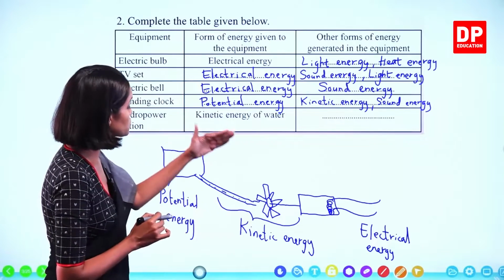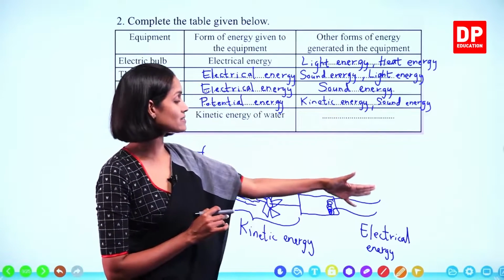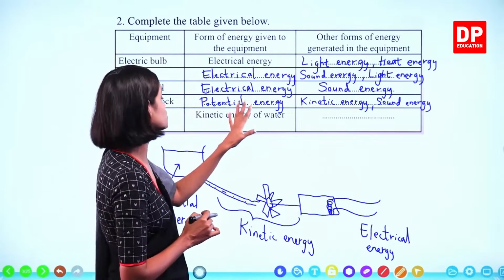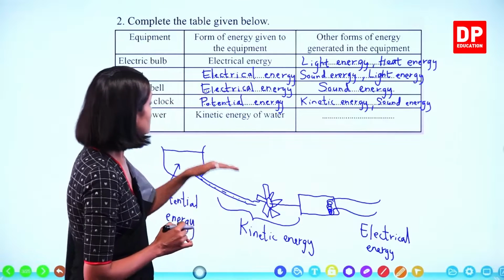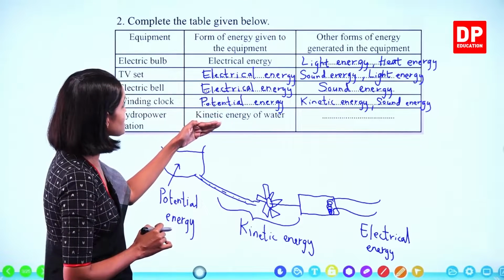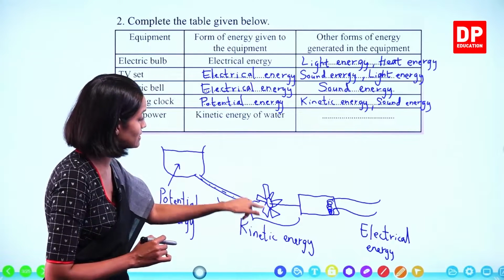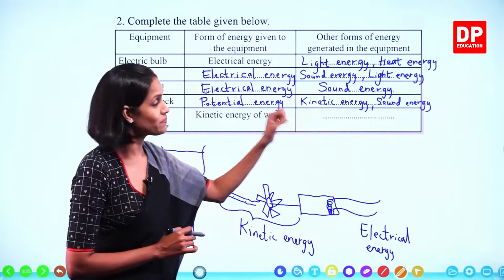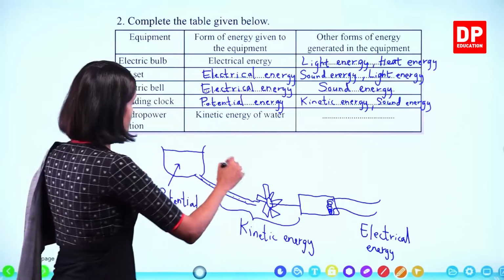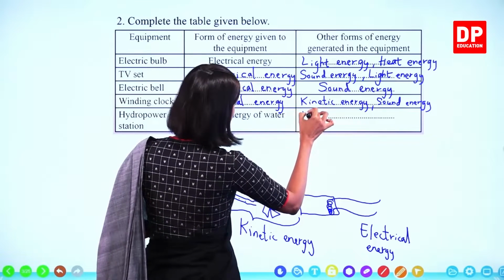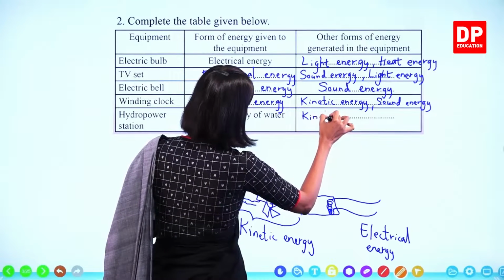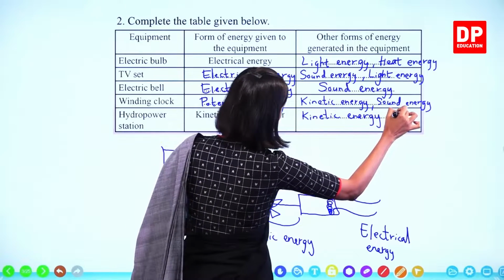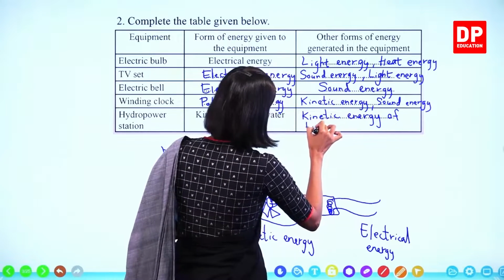Potential energy into kinetic energy into electrical energy. So here the first one is given as kinetic energy of water, right? So kinetic energy of water is converted to, I told you all here, the kinetic energy of the turbine, right? Right. So let's write here. Kinetic energy of turbine.